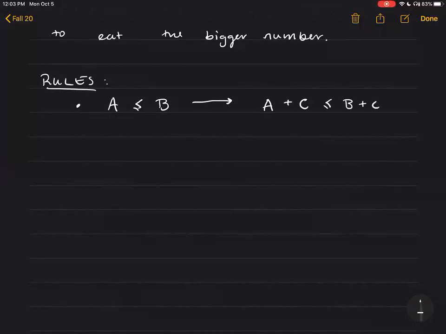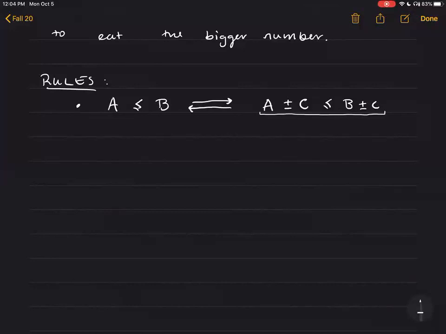So we can add something to both sides and it stays true, right? We can also subtract C from both sides if we want, and it stays true. So we can do A plus C is less than or equal to B plus C, or we can do A minus C is less than or equal to B minus C. Similarly, if you know that the C's are the same, you can actually go backwards and get rid of them, right?